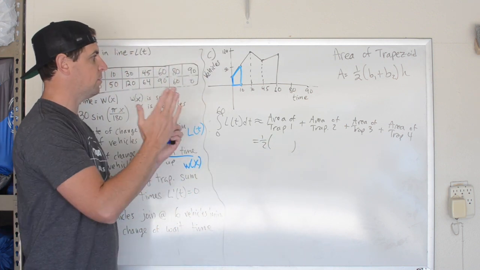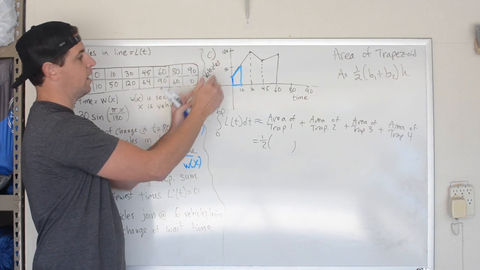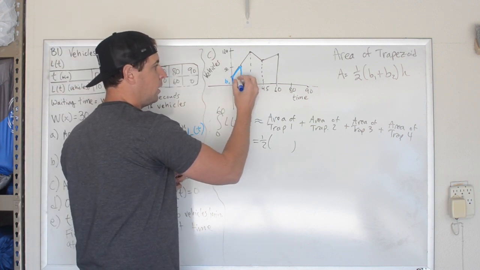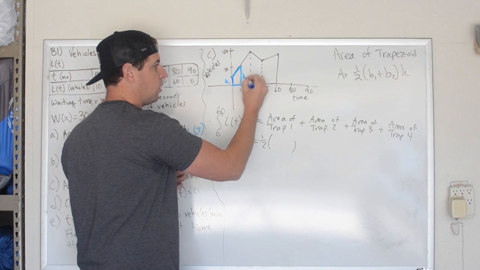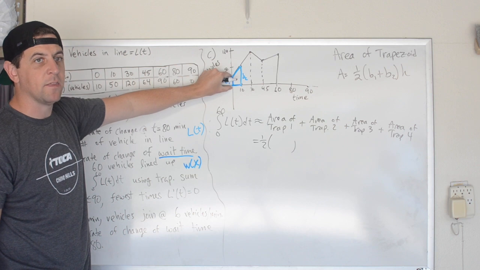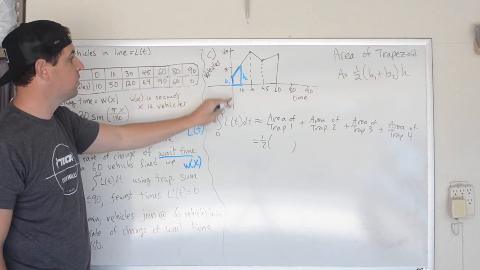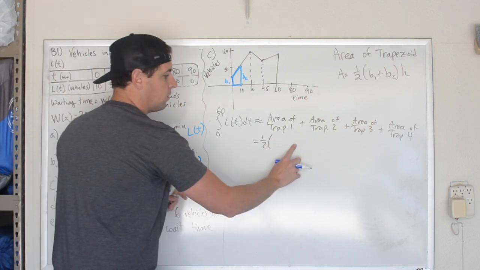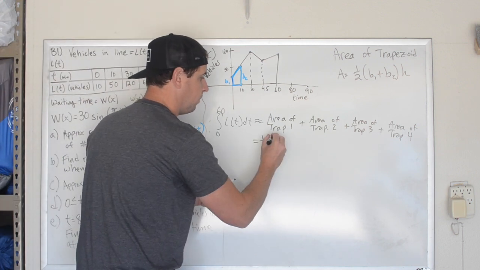These are like trapezoids, but you'll notice they're trapezoids on their sides. So normally base 1 would be right here, this would be B1, and base 2 would be this piece right here, B2. So the base lengths end up being the y coordinates on the table. So my base 1 value ends up being just 10. Okay, so 10 is my base 1.